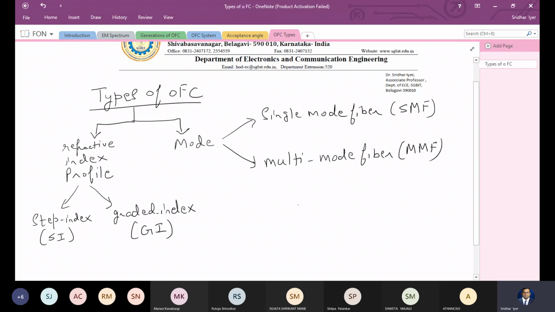Okay. Now, having these types, you can combine them to have, for example, a step index single mode fiber, a step index multi-mode fiber, a graded index single mode fiber or a graded index multi-mode fiber.